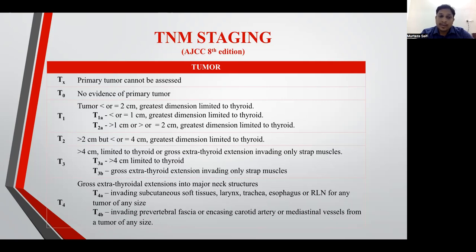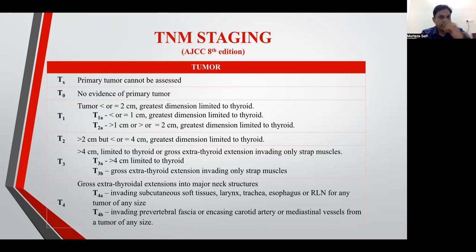Then T4b is invading prevertebral fascia or encasing carotid artery or mediastinal vessels, for a tumor of any size. So T4a is soft tissue, larynx, trachea, esophagus; T4b is prevertebral fascia, carotid artery, or mediastinal vessels, for a tumor of any size.